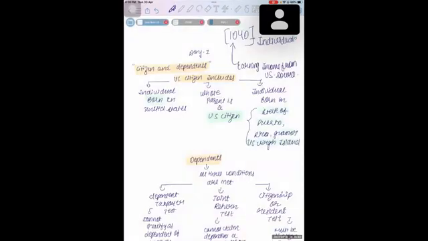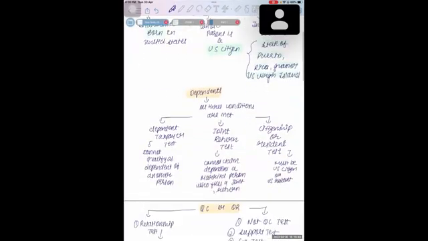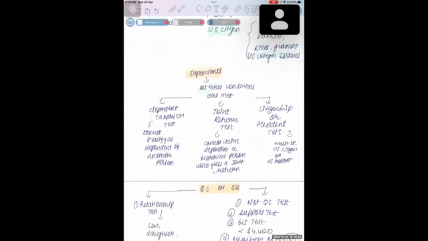So right now let's understand what we mean by dependent. If a person meets all three conditions, he will be considered a dependent on your tax return. Let's say Mr. A is our taxpayer.